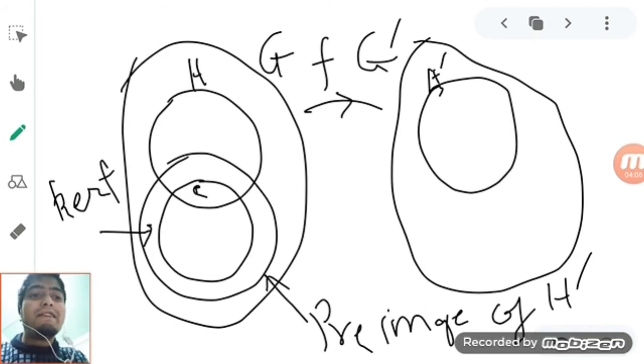That is, the kernel will be inside this pre-image.